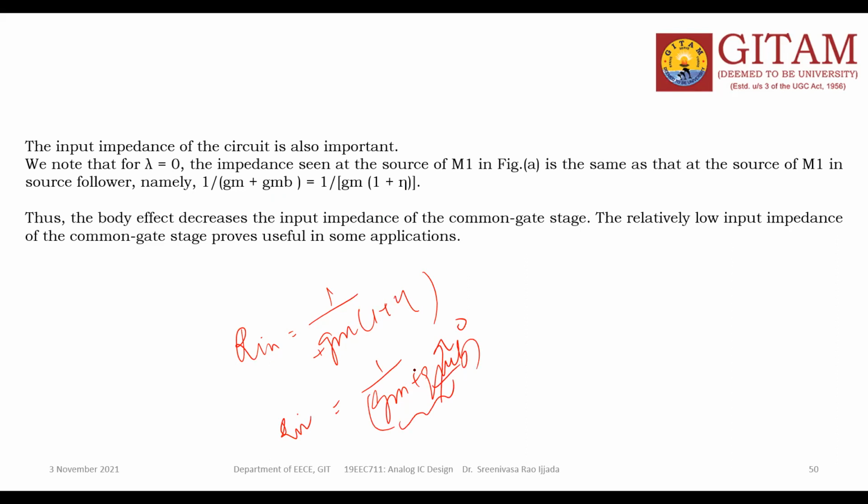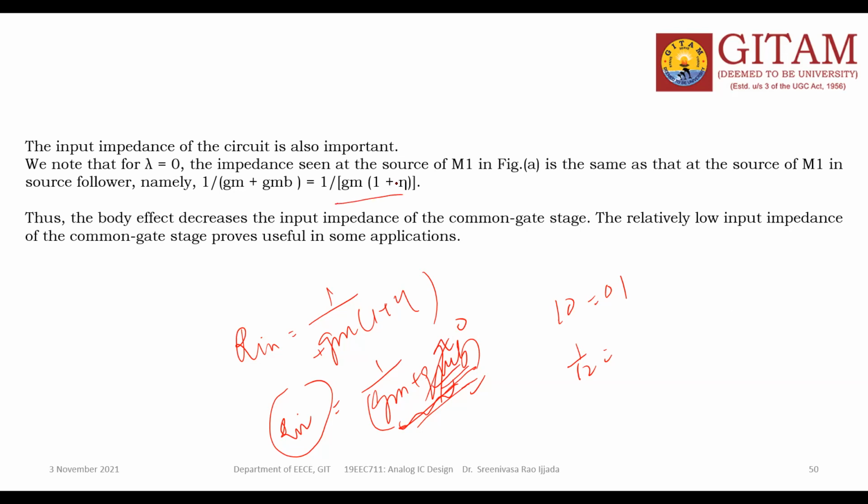Suppose only gm is there, with value 10, then 1 by 10 is 0.1. If gmb is 2, or 0.2 something, then it is 1 by 12. So whenever this is more, the input impedance is decreasing. With the body effect, your input impedance will decrease from this formula.